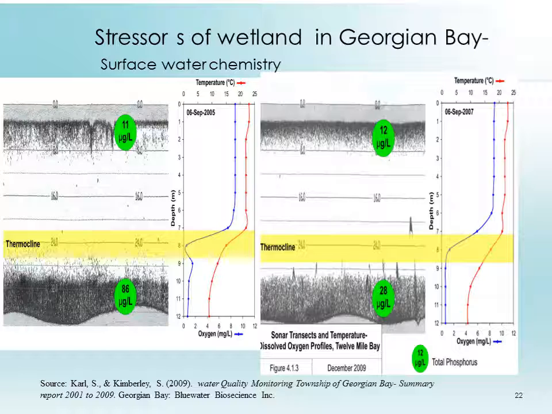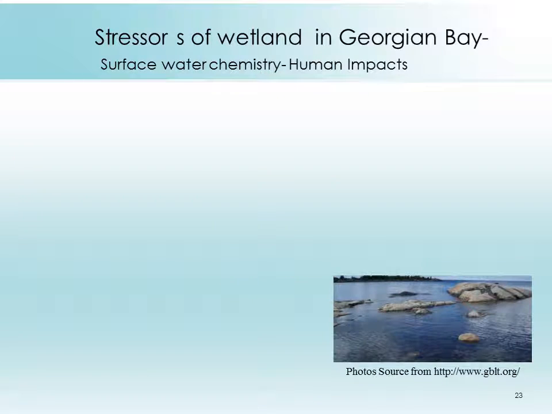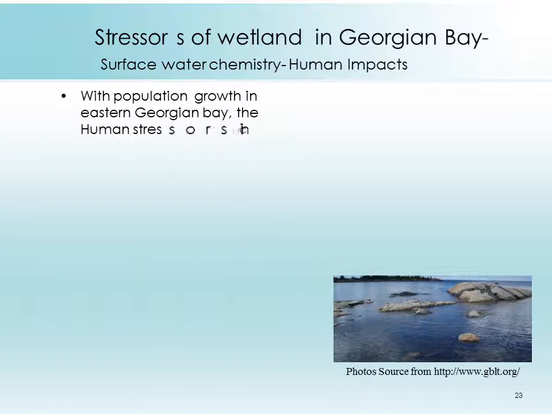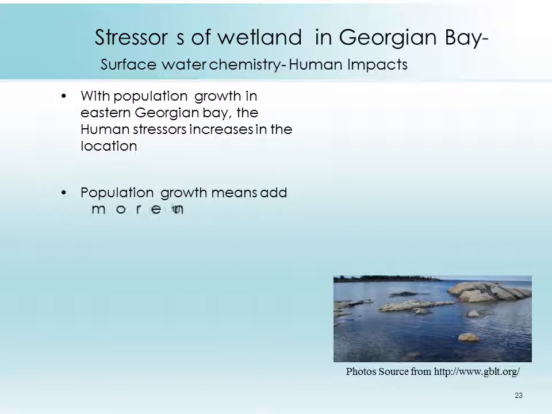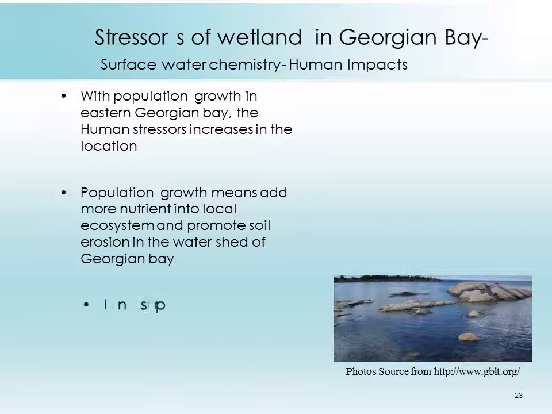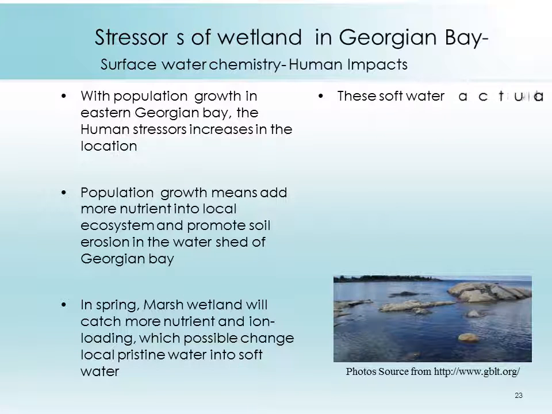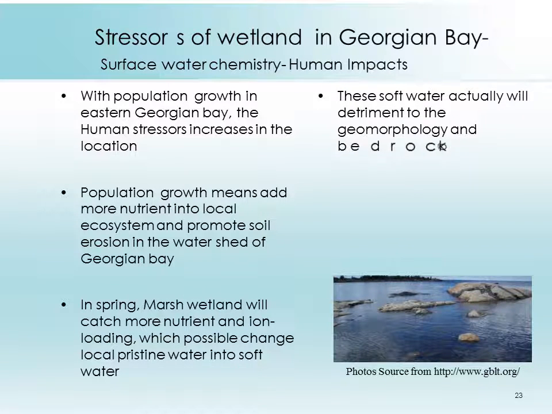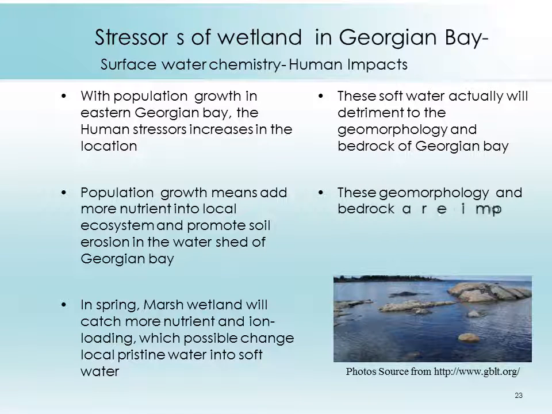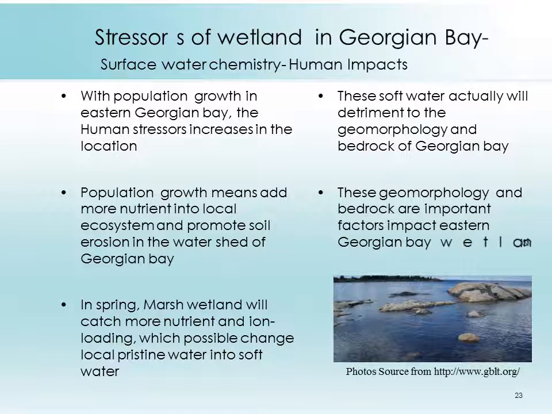Different total phosphorus levels have different DO profiles. From the above example, we know the surface water chemistry is mainly impacted by human disturbance. This disturbance will be dangerous to Georgian Bay's local ecosystem.